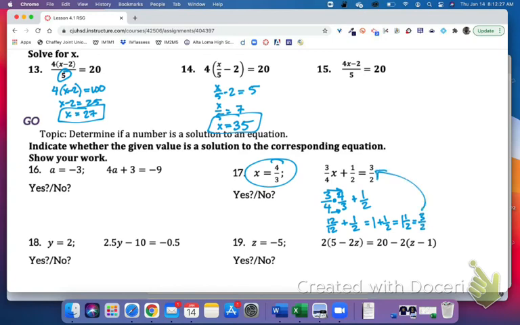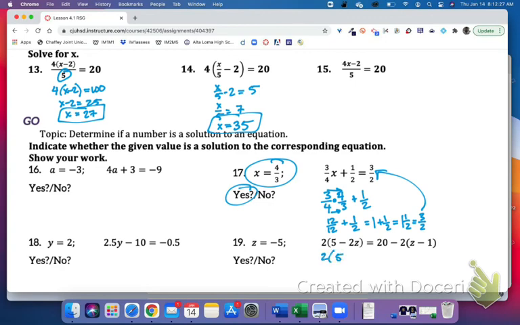So yes, this is in fact a solution. There are way more ways to do this. This is just one.